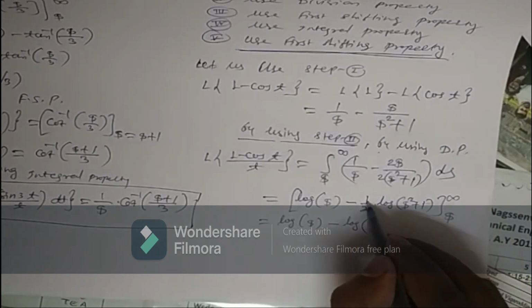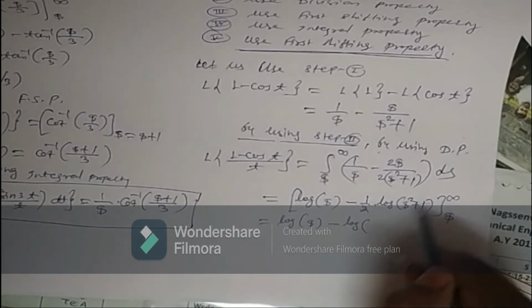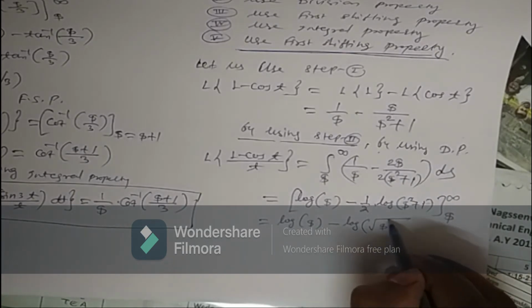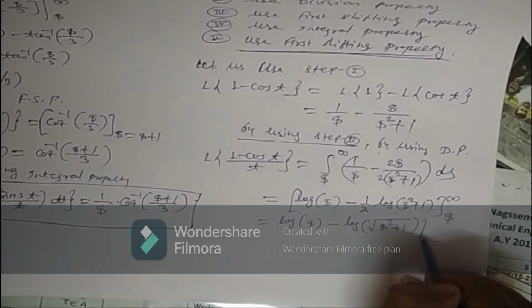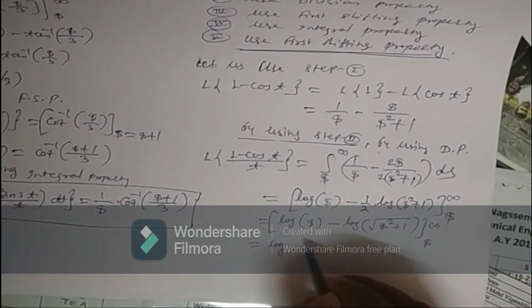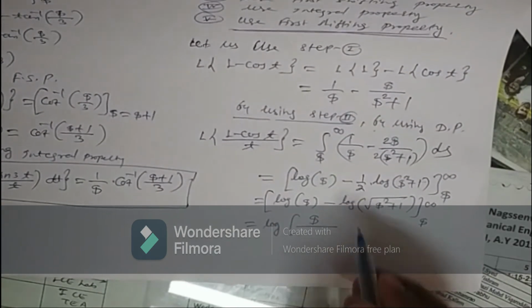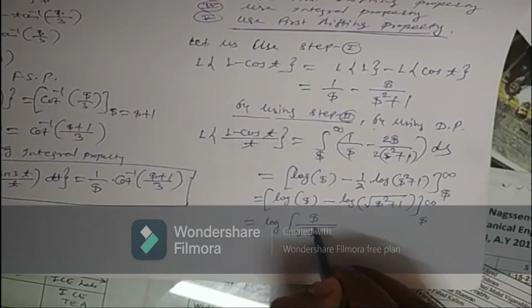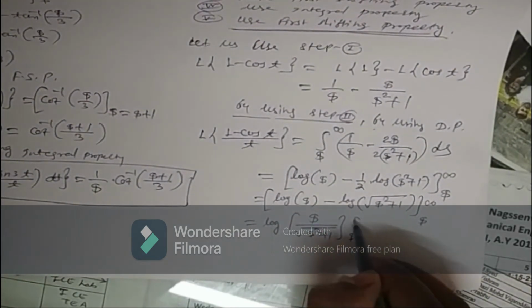So when this 1 by 2 is here, this is root, so this is nothing but root of s square plus 1, limit from s to infinity. That is equal to log a minus log b, so log of a upon b, under root s square plus 1, limit from s to infinity.